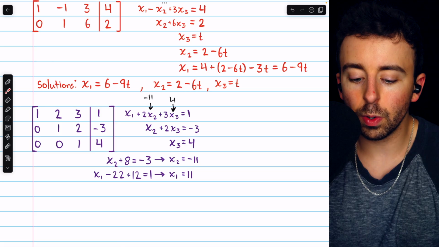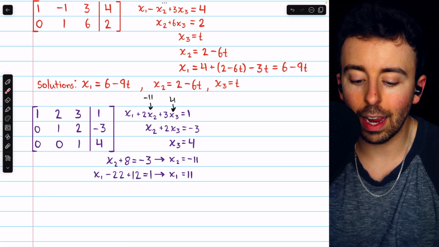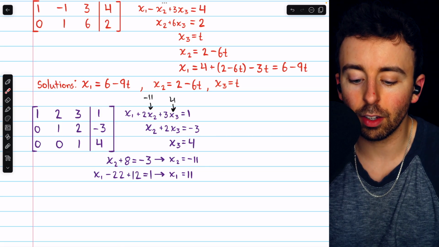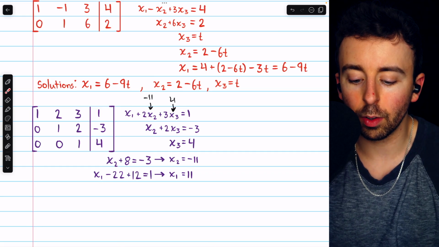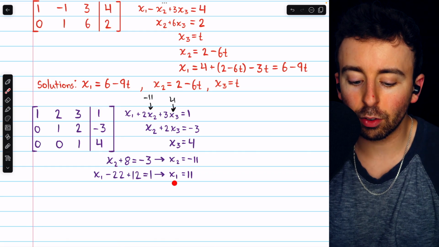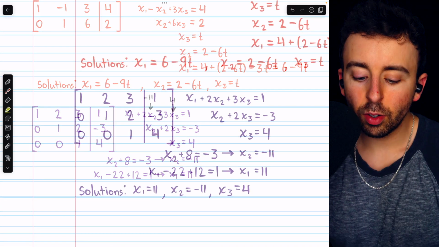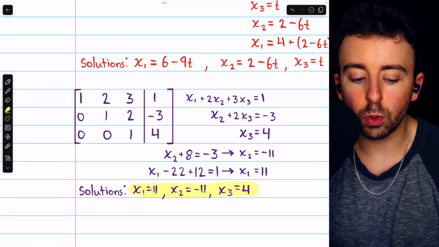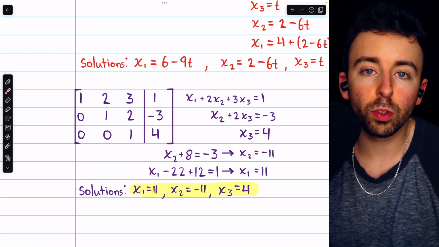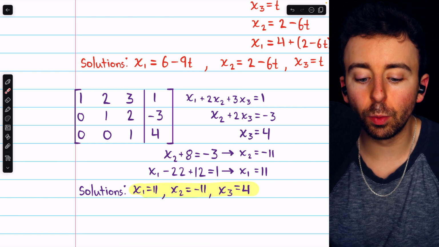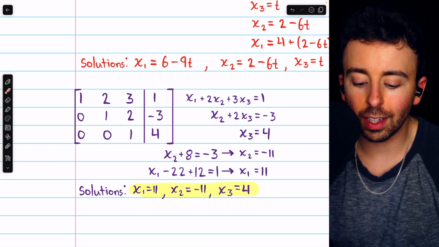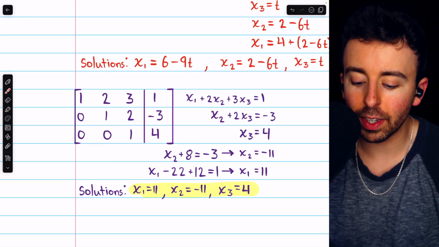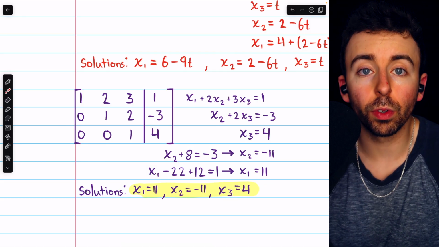Thus, 2x2 is negative 22, and 3x3 is 12. So we have x1 minus 22 plus 12 equals 1. Hence, x1 equals 11. So this is the one unique solution to any system whose augmented matrix can be reduced to this echelon form. x1 equals 11, x2 equals negative 11, and x3 equals 4.